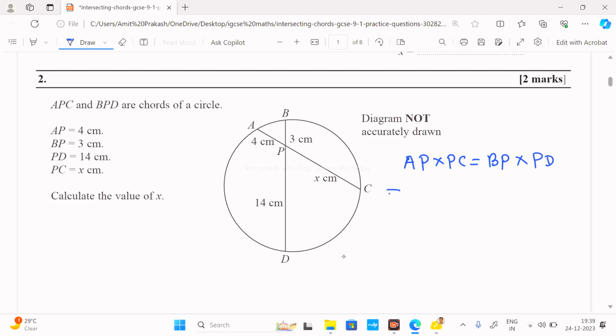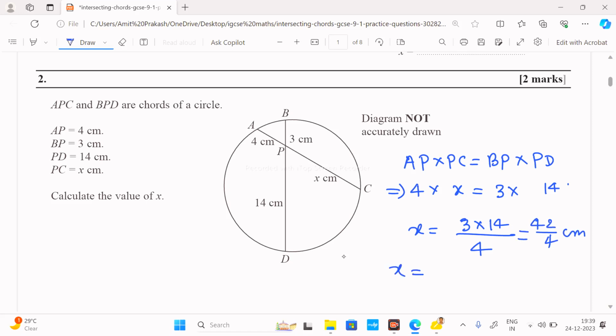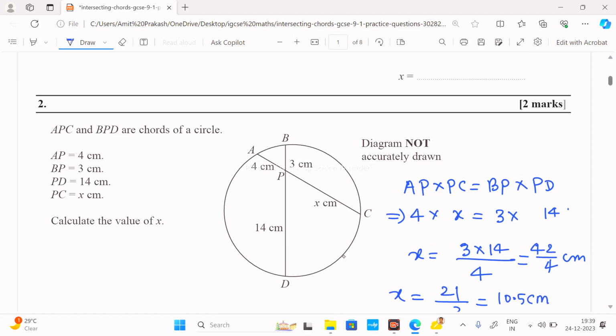AP is given as 4 centimeter, PC equals x, BP equals 3 centimeter, and PD equals 14 centimeter. So x equals, by a linear equation in x, this multiplication becomes division here. This becomes 42 upon 4 centimeter, so x equals 21 upon 2, that is 10.5 centimeter.